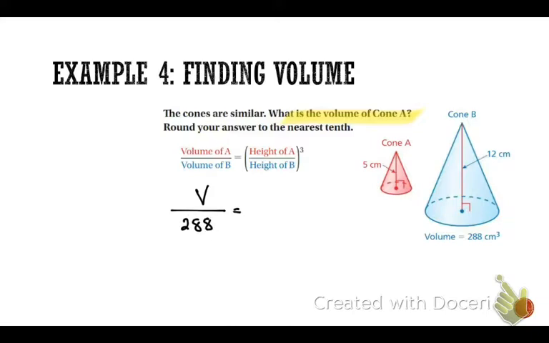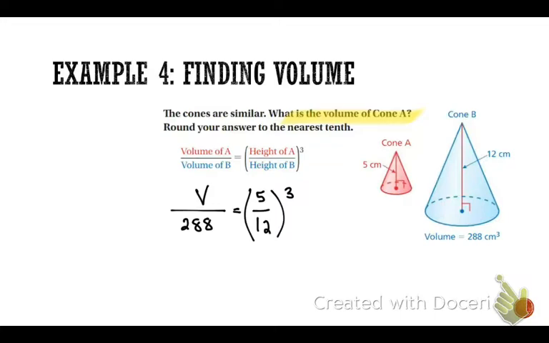Equals, what dimension am I given? Height. So what's going to be my ratio on the other side? What would you guys say? Just tell me. 5 over 12. But now am I going to square it? No. I'm going to cube it.